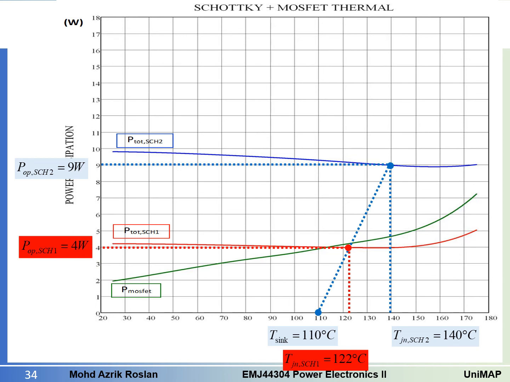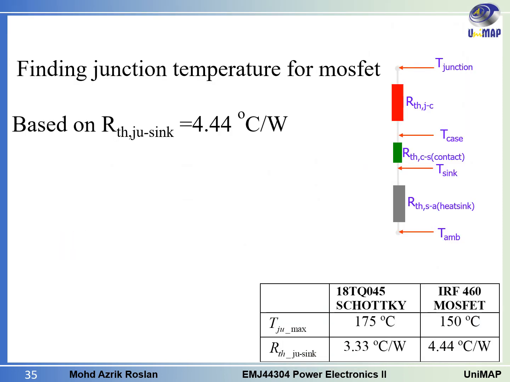Finally, we have to determine the junction temperature for the Mosfet. The information that we have is that the thermal resistance of junction to sink for the Mosfet is 4.44 degrees C per watt, and we have the common value of the heatsink.